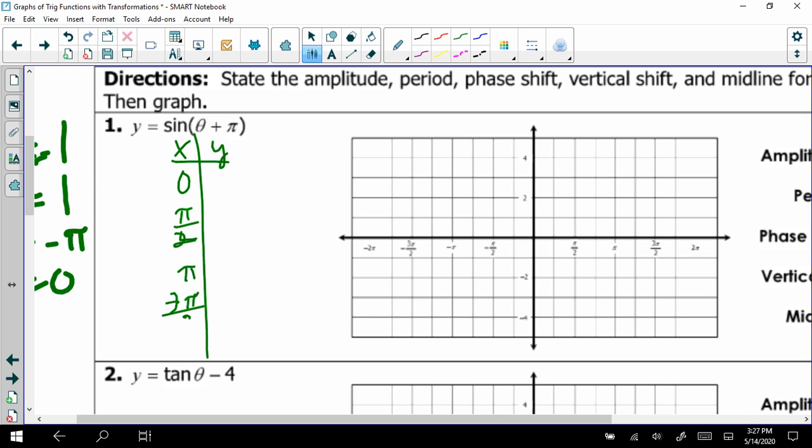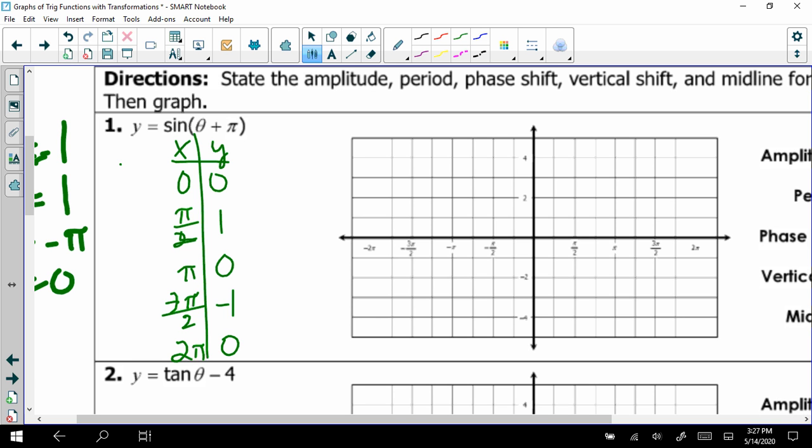My computer's doing that thing where it wants to go super slow, and so it makes all my writing look even worse than normal. So for my quadrantal angles, sine starts at 0, goes to 1, back to 0, down to negative 1, back to 0. You're going to get to where you have that memorized.